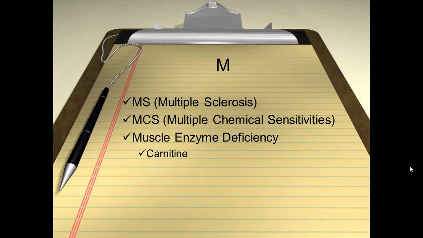MCS, or multiple chemical sensitivities, is a comorbidity with chronic fatigue syndrome. Patients with multiple chemical sensitivities, is it due to the chronic fatigue syndrome causing the MCS? Is the MCS a possible trigger for the CFS? You can go both ways, and you can debate it both ways. What's the trigger for the MCS?